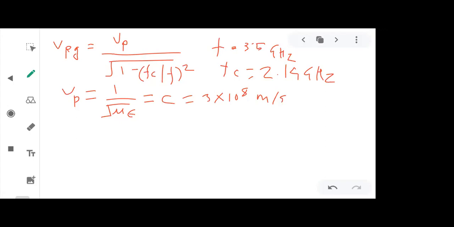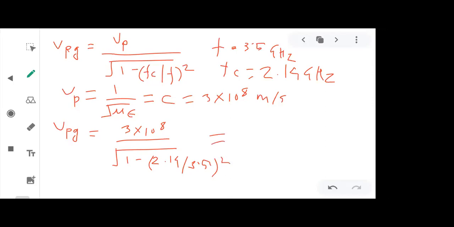Now phase velocity inside a guide is given by 3 into 10 raised to 8 meter per second divided by root of 1 minus, now it is going to be 2.14 divided by 3.5, the whole square.